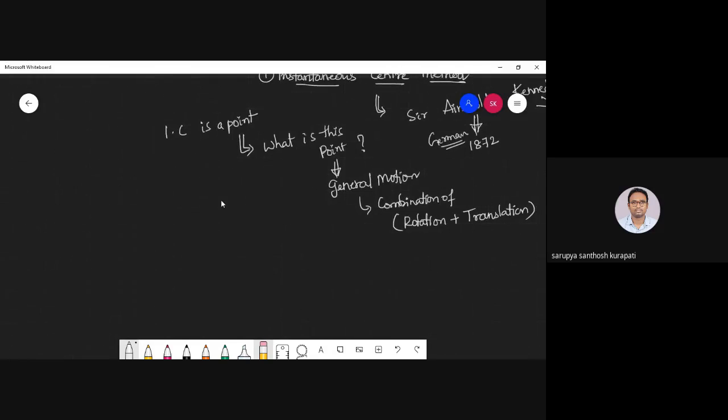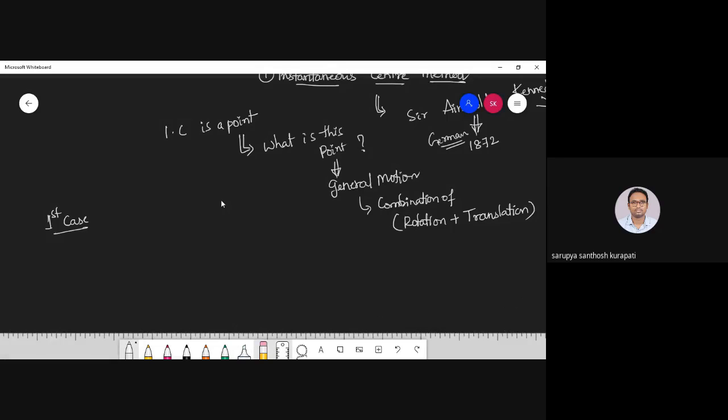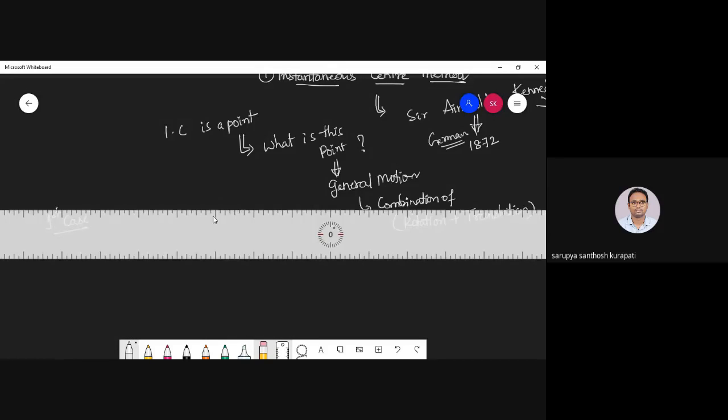Both you may think are the same, but there is some minute difference in both these cases. The first case, please observe and understand what I'm telling. In the first case, I'm just taking a line.